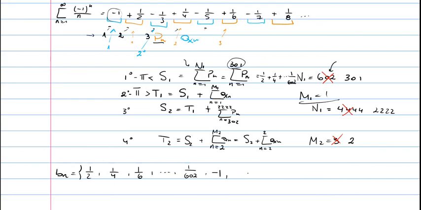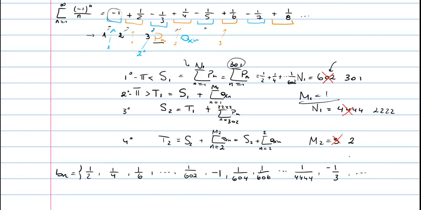Then the following numbers would be from 1/604, 1/606, up to 1/4444. And then we go back to the negative numbers, and we are only subtracting 1/3.